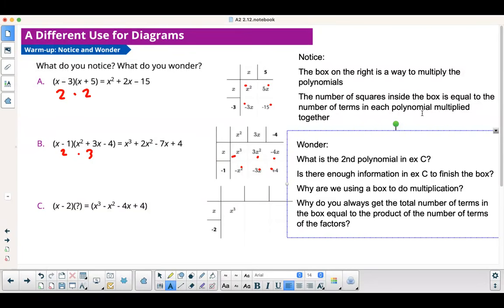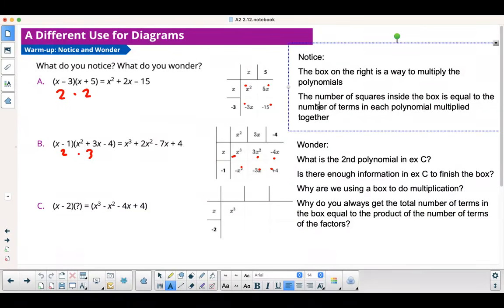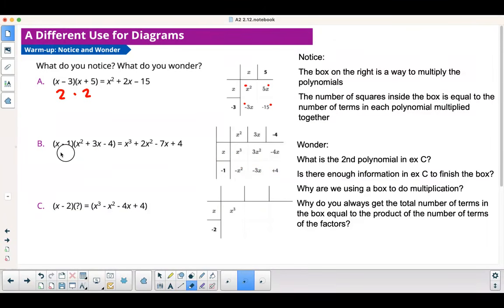Okay, that's really a notice reworded as a question. It's just asking why that is. So this is some good stuff here.